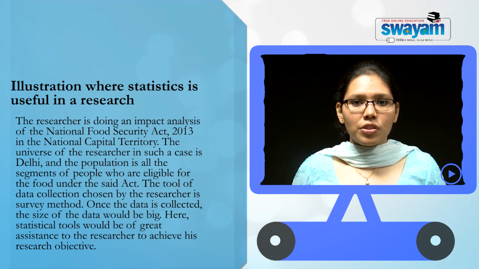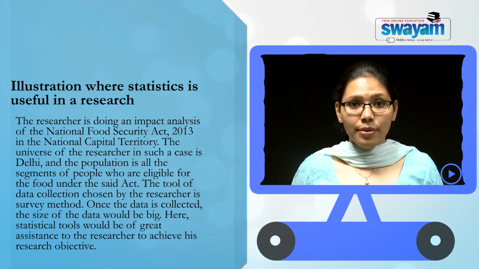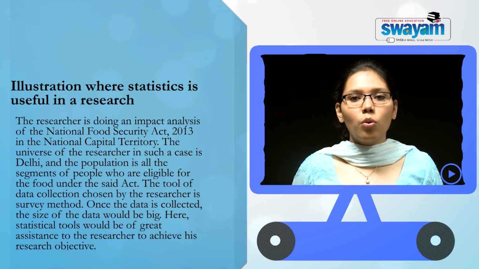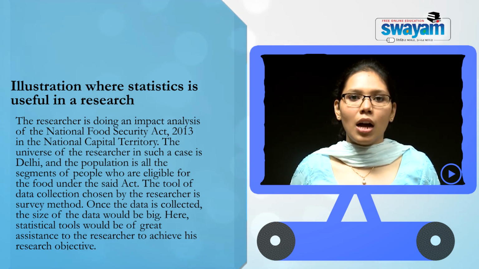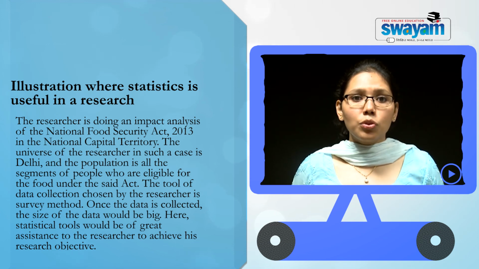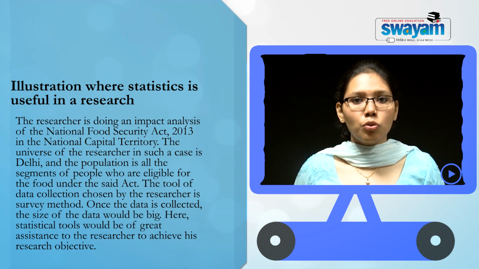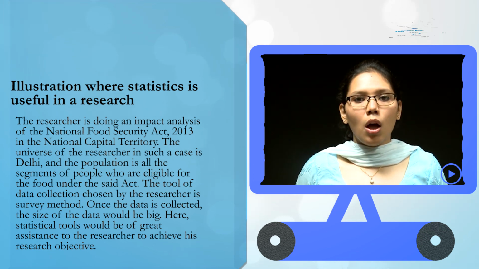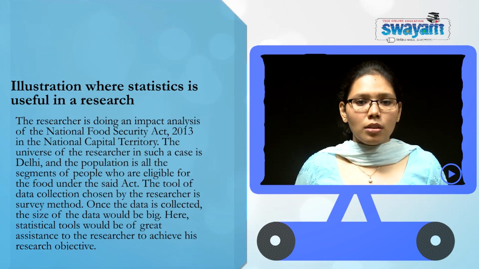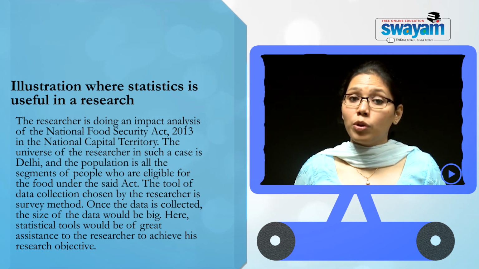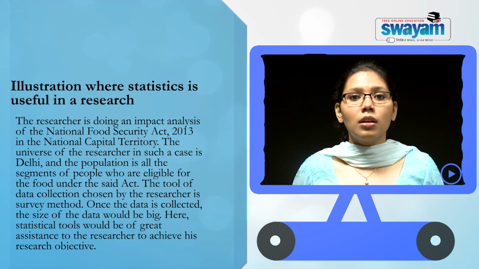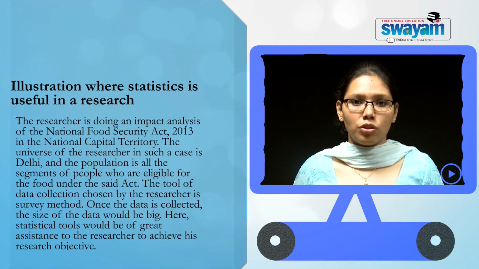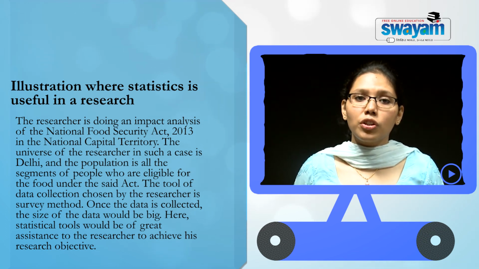The universe of the researcher in such a case is Delhi, and the population is all the segments of people who are eligible for the food under the said act. The tool of data collection chosen by the researcher, let's say, is the survey method. Once the data is collected, the size of the data would be big. Here, the statistical tool would be of great assistance to the researcher to achieve his research objective.